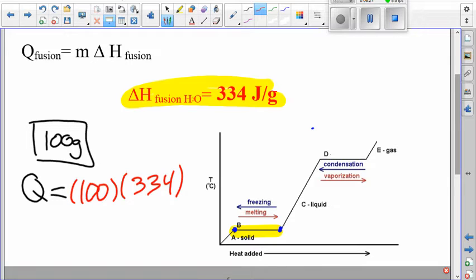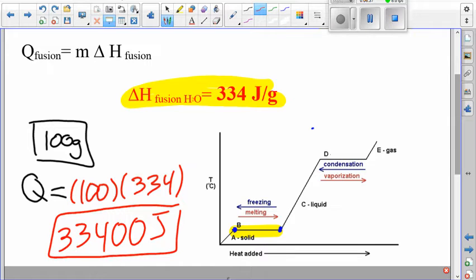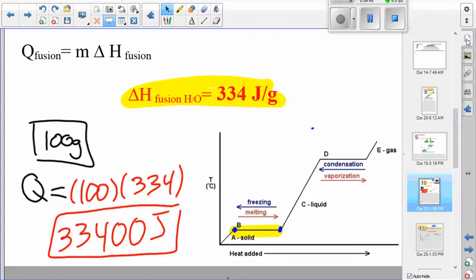You multiply those together, and 100 grams of ice melted completely will cost you 33,400 joules. And that's all she wrote. Just multiplying M and your H value, which will be given to you, the 334. You never have to memorize that, but like I said, I would write that down because it's quite useful in your notes. So that's the lower bridge.